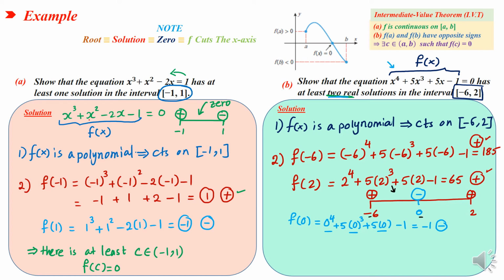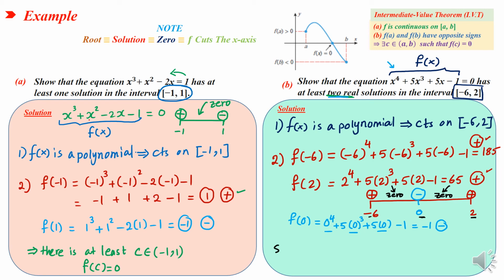So there is a 0 in this interval from negative 6 to 0. And from 0 to 2, 0 has a negative image and 2 has a positive image, which means IVT applies in this sub-interval. So there is a 0 again in this interval. So really we have at least two real solutions in the entire interval from negative 6 to 2.